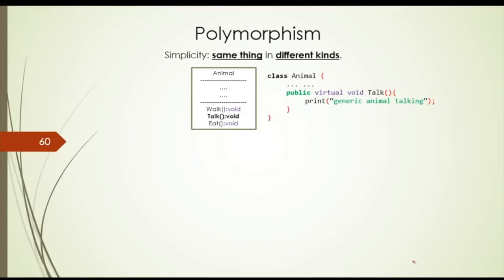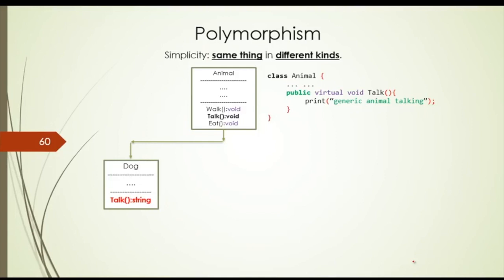As you have seen in the earlier inheritance examples, where you inherit from person to student and person to teacher, we're going to do the same thing here. We are going to inherit the dog class from animal. But we really want to change the talk behavior, because dogs really talk differently. They bark, and it would be illogical to have the generic animal talking.